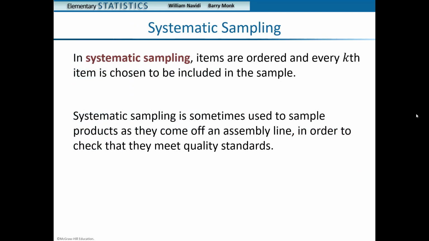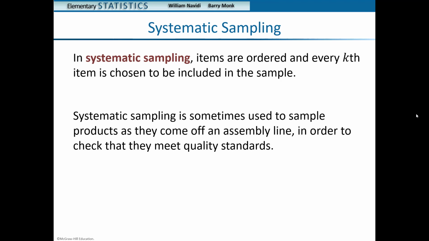Okay, systematic sampling. This is used when you have items that are ordered in a specific way, maybe for items that are coming off of an assembly line, or if you have individuals who are maybe lined up single file or something like that, right?